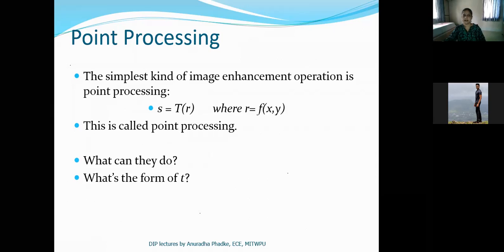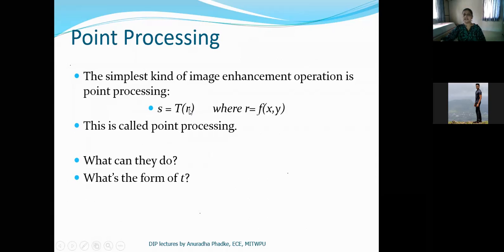It is the pixel. When we apply some function on each and every pixel of the image, it is nothing but point processing. We apply a function T on the original pixel value r to determine the enhanced pixel value s, the enhanced or processed pixel value.